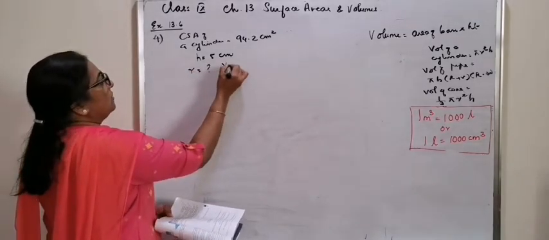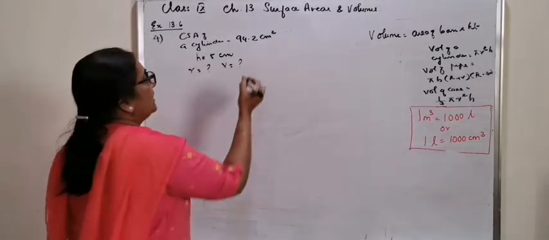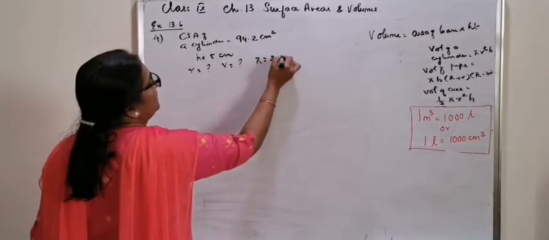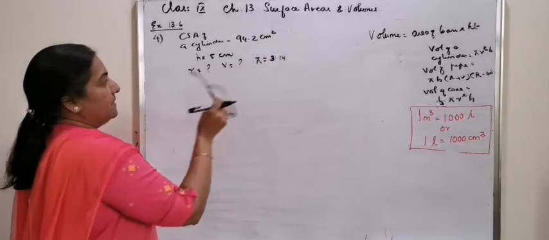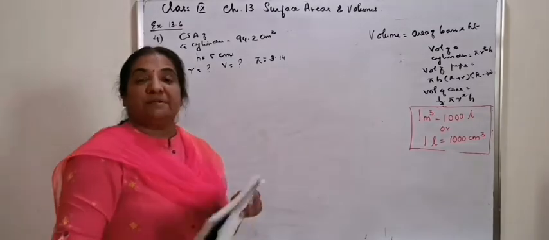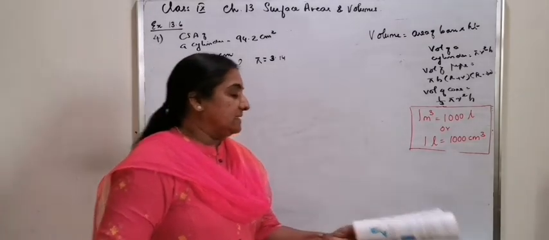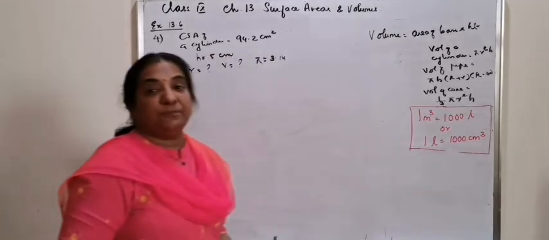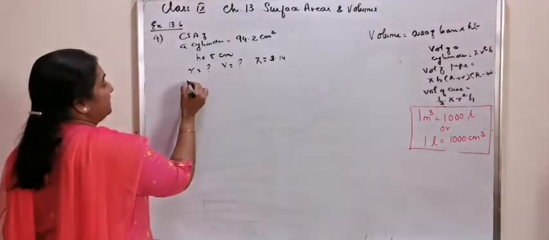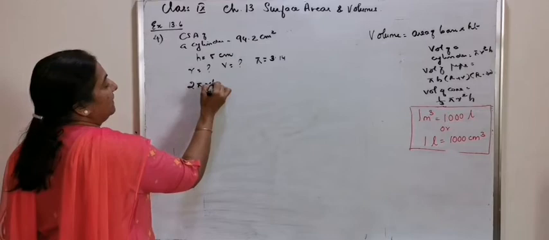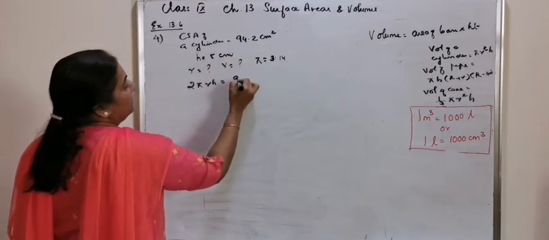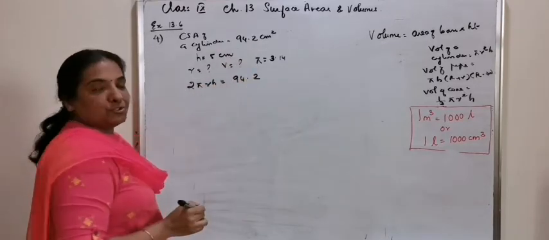Radius has to be found out and volume has to be found out. Use pi is equal to 3.14 because this 3.14 is divisible with 94.2. What's the formula for the curved surface area of a cylinder? 2 pi r h is equal to 94.2.